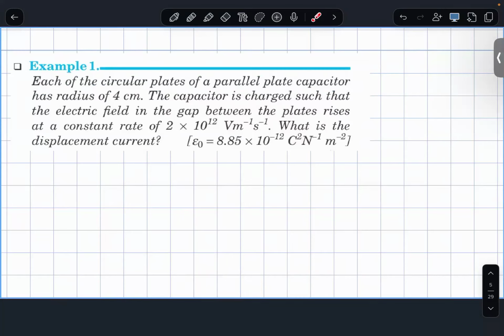Each of the circular plates of a parallel plate capacitor has a radius of 4 centimeters. The capacitor is charged such that the electric field in the gap between the plates rises at a constant rate of so and so.